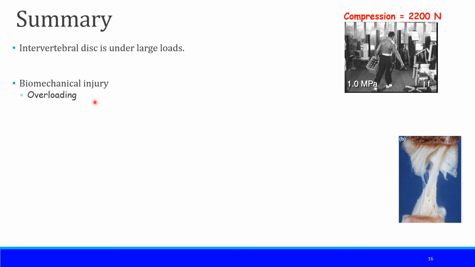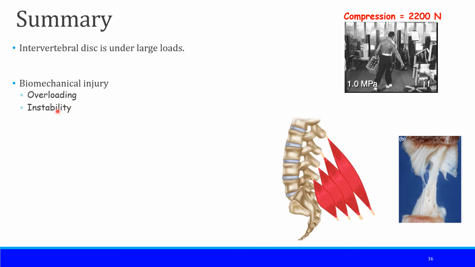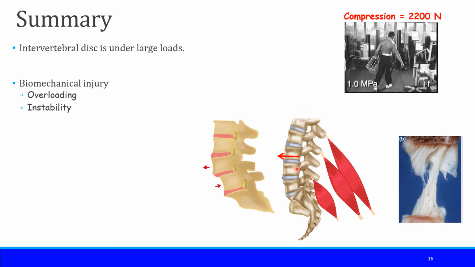The next mechanism for spinal injury is instability, which is due to inappropriate or lack of activation in a muscle or a group of muscles. When a muscle is not activated properly, this can lead to excessive motion in a segment and therefore a spinal instability or segmental instability.